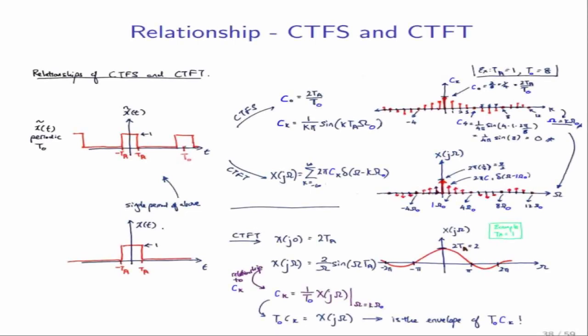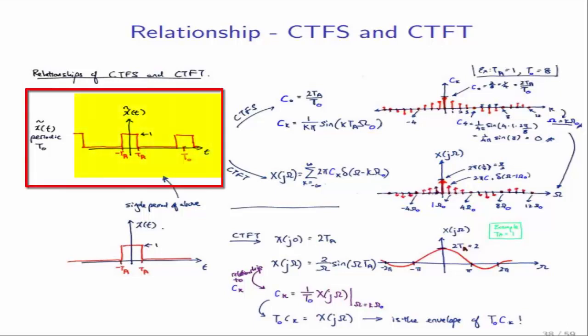Right, in this figure, we will now show an overall relationship between the continuous time Fourier series and continuous time Fourier transform. On the top figure, we have x of t, a periodic rectangular wave with period T0, on from minus Ta to plus Ta and amplitude of 1.